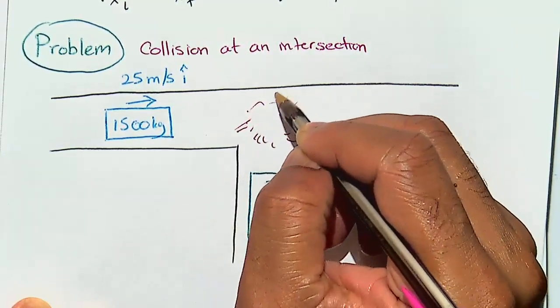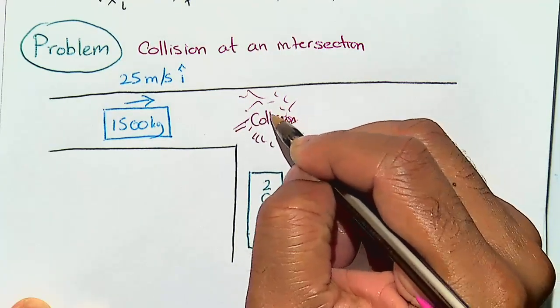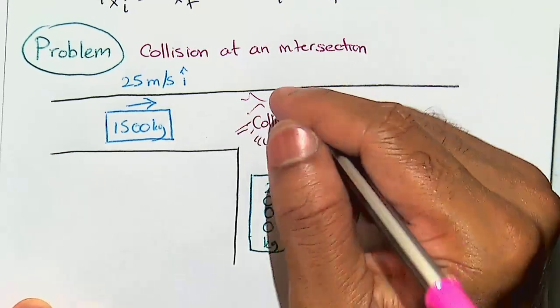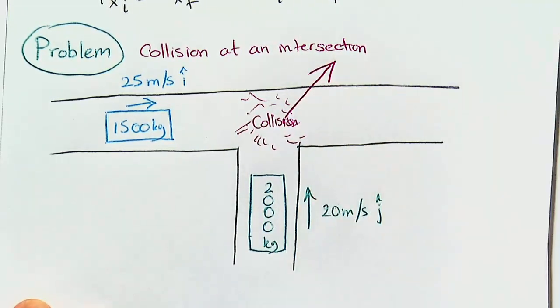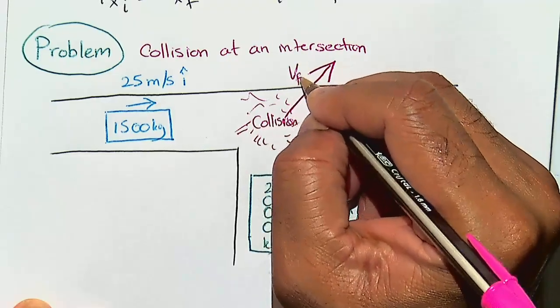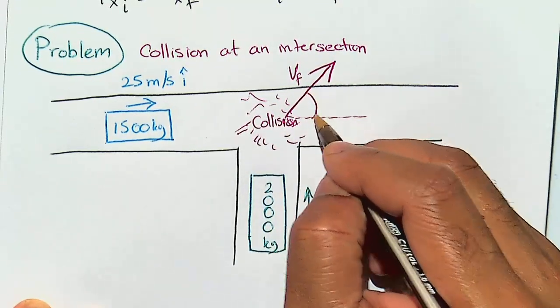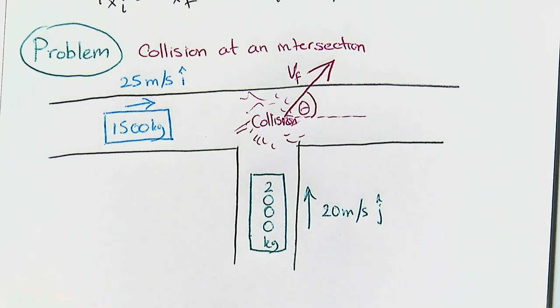There'll be a collision. They'll stick together and they will travel collectively in a certain direction like this. It will have a final velocity. We have a certain angle to the final velocity, right? And our objective is to find out what this final velocity is, its magnitude, its direction.